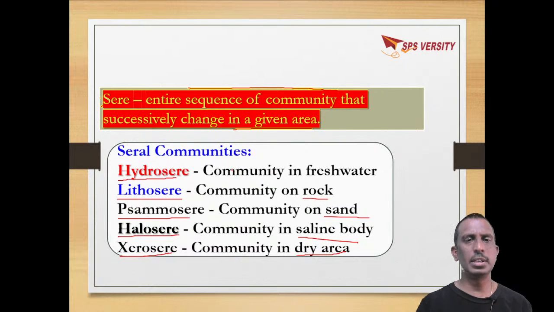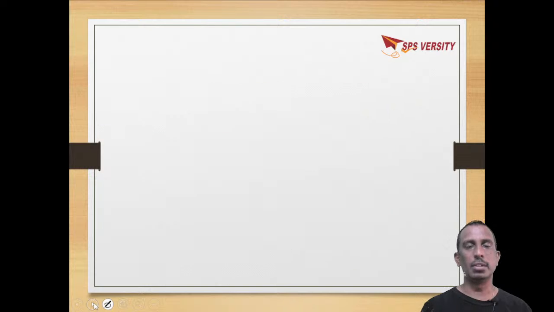So there are different seral communities like hydrosere, communities in fresh water; lithosere, community on rock; psammosere, community on sand; halosere, community on saline bodies; xerosere, the community on dry area.